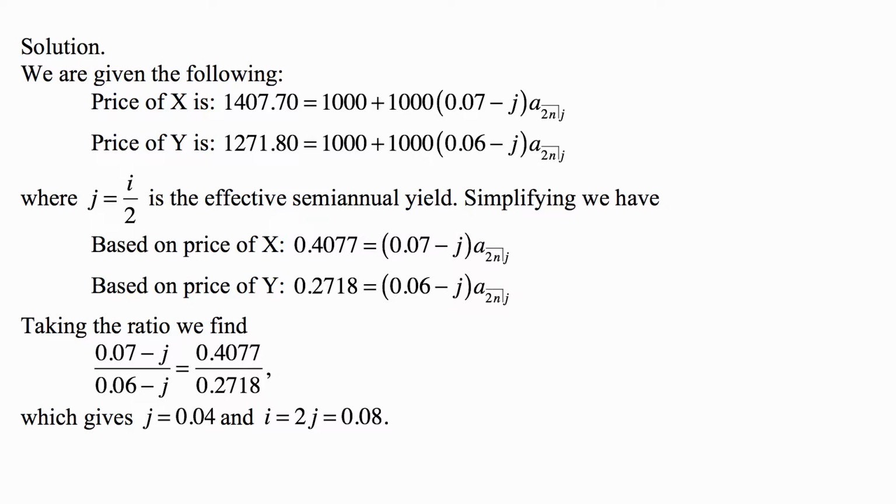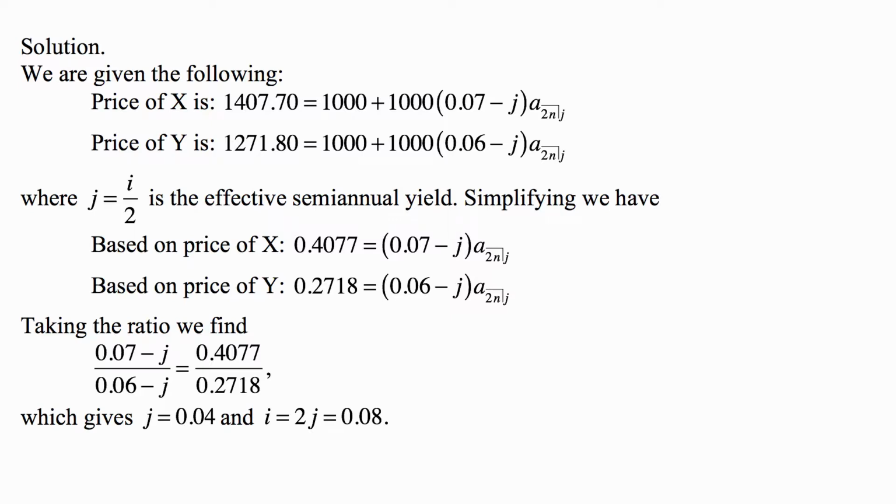So we are given that the price of X, 1407.70, equals 1000 plus 1000 times (0.07 minus J) times a angle 2n at J, where J is the effective semi-annual yield, so J is I over 2, and n is the number of periods till maturity of the bond.